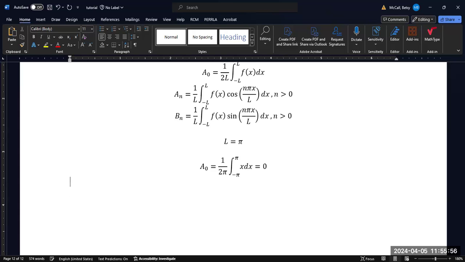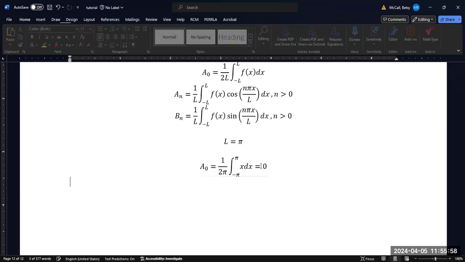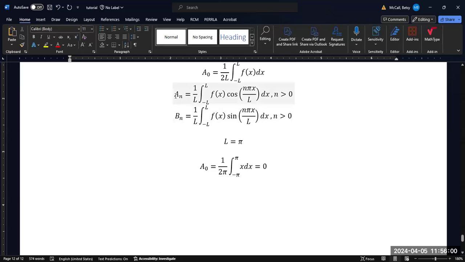Now, the next one we have to calculate then is the general a sub n. And so again, we'll replace our L with pi everywhere, and our f of x with x.